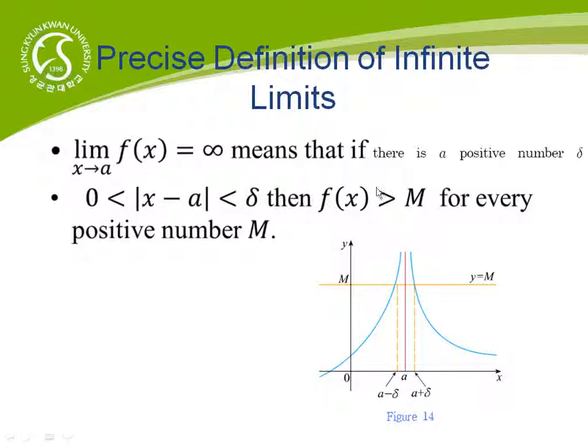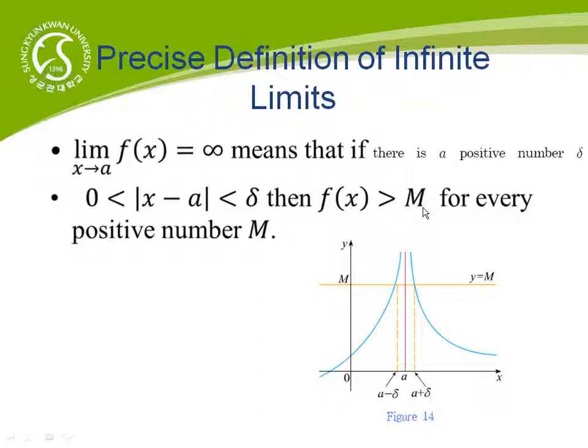What this means is, for every positive number m, if we can find a positive number delta such that if x is in between 0 and delta, then f of x is bigger than or equal to m, then we say the limit is infinity. This is what it says.